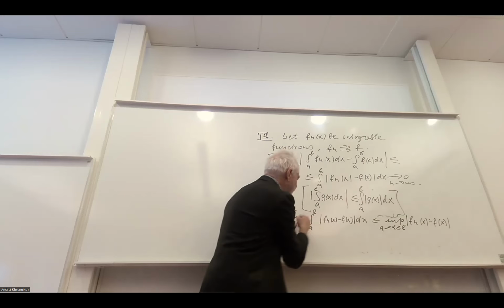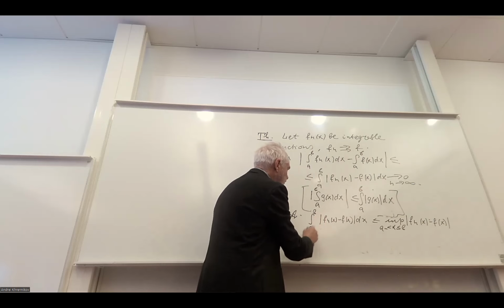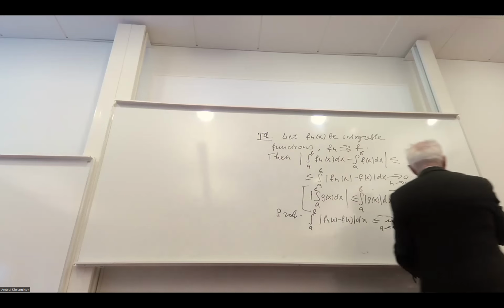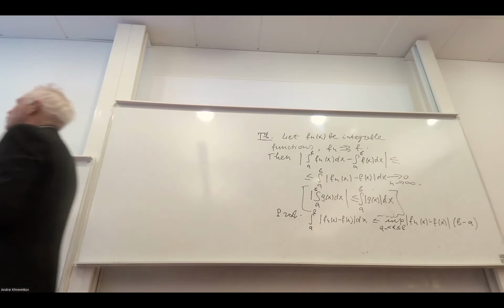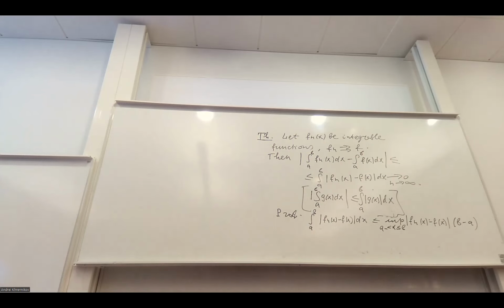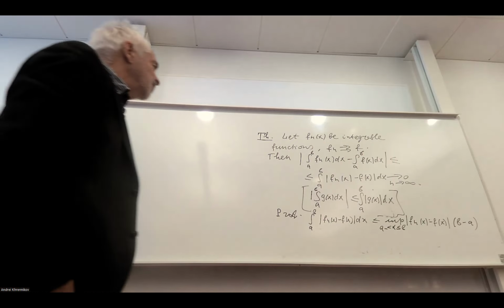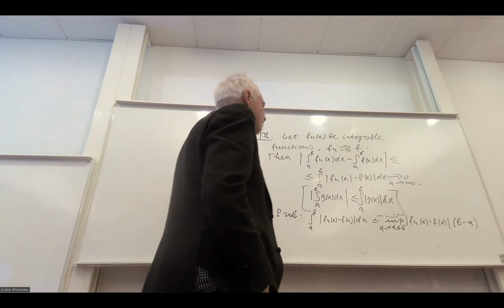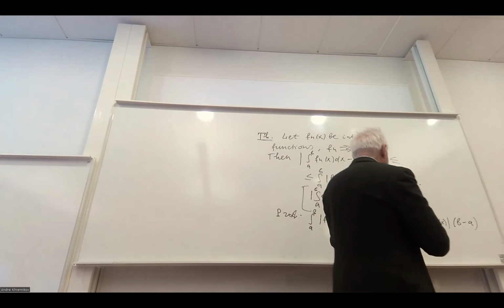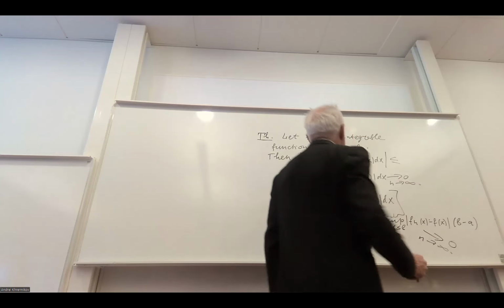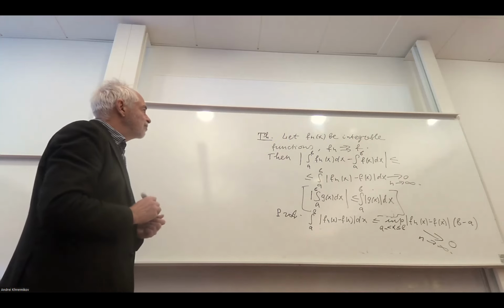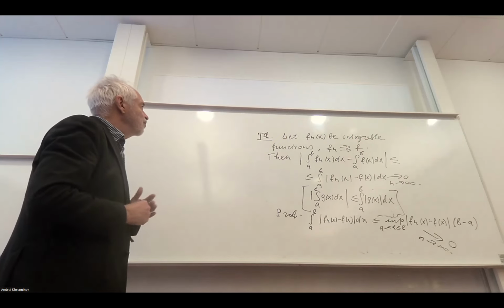Then, if I take the supremum, here will be just the integral from a to b of dx, which is b minus a. If we have the integral of some function, it's less or equal than the supremum multiplied by the length of this segment. And since it converges uniformly, this goes to 0, so the difference goes to 0.